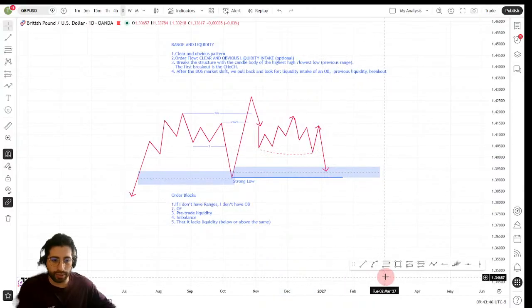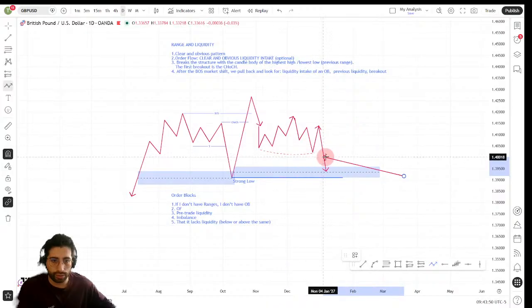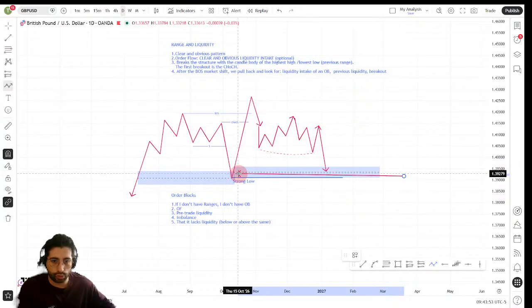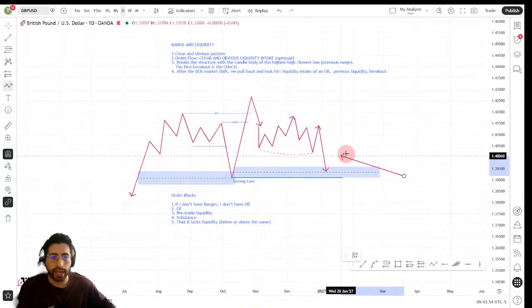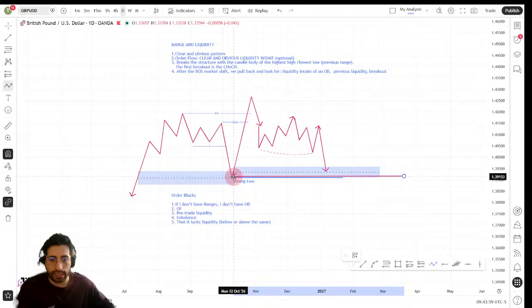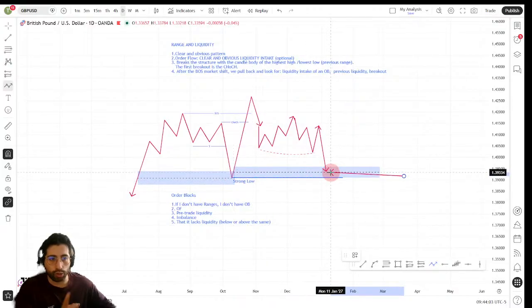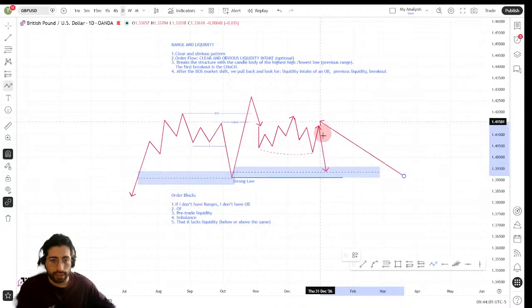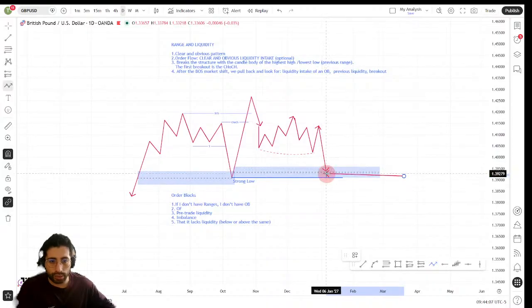But what you don't spot is that the price is just taking the liquidity of these lows, and now the price enters into an order block. You are also not aware that this is a strong low. And remember, if the strong low is not broken with the bottom of a candle, it simply means that the price gets to a certain point and we continue in a bullish trend.